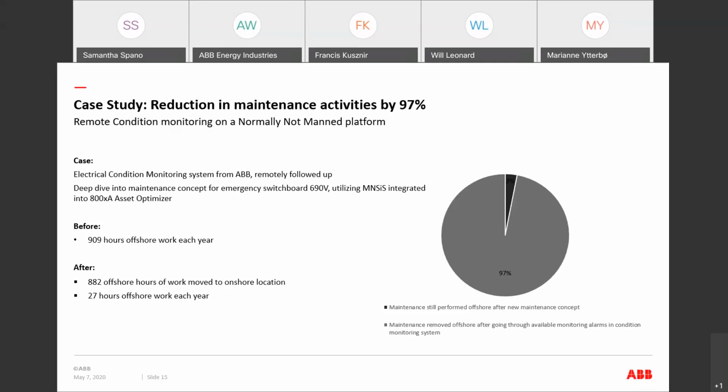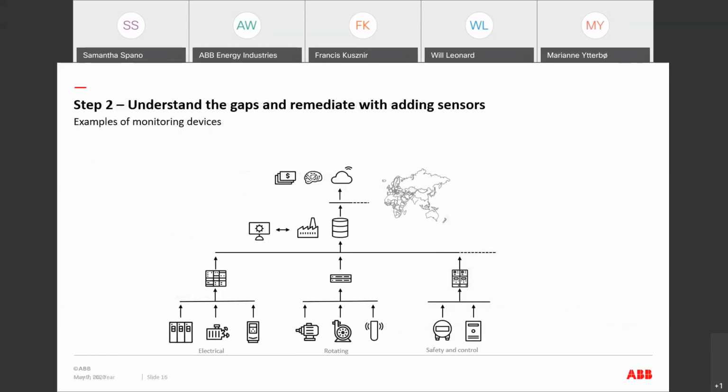But sometimes we may need more information than what's already available in our systems, and then we're typically talking some form of instrumentation. For electrical equipment, that's very often some form of intelligent device.